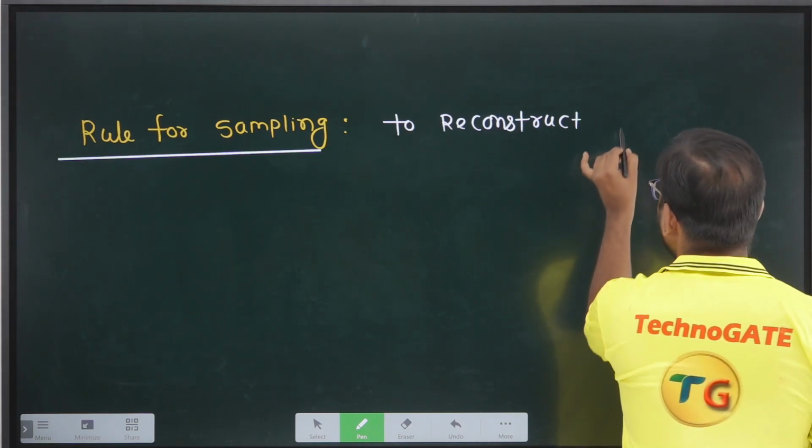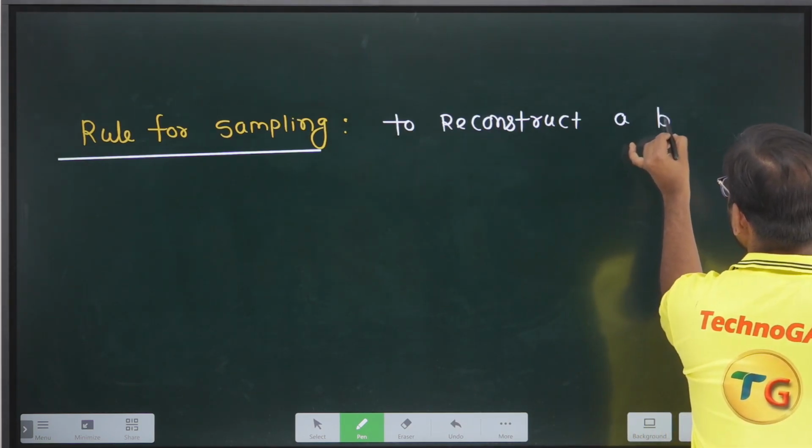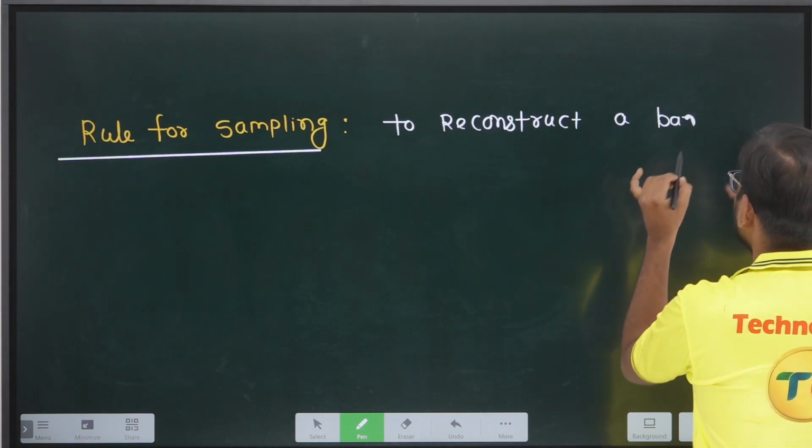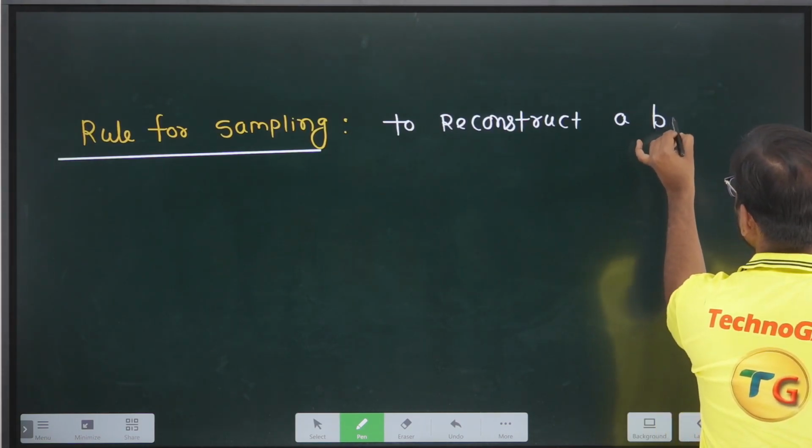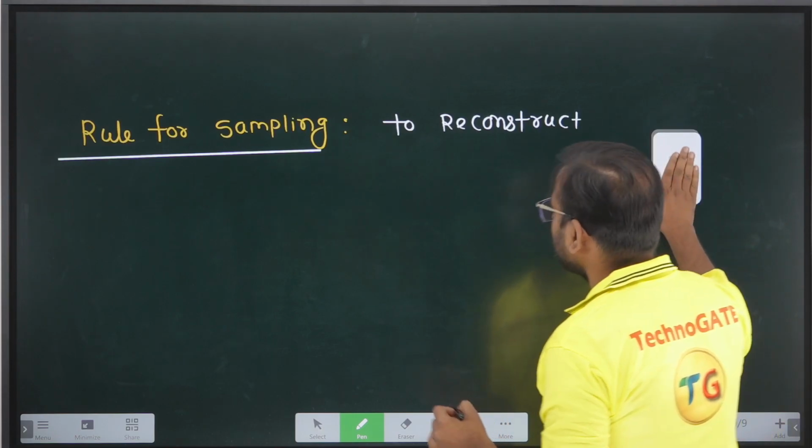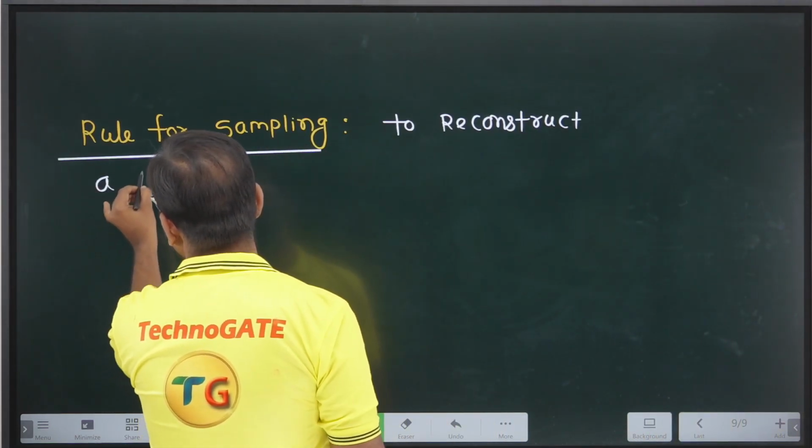To reconstruct a band limited signal, this band limited is a very important thing.